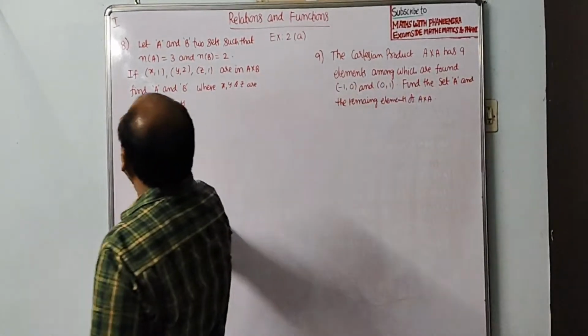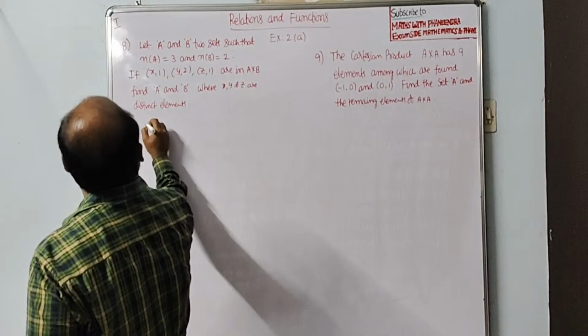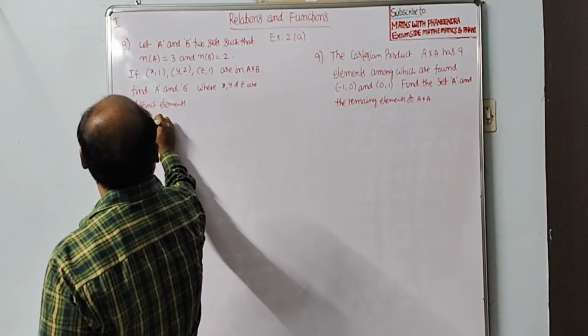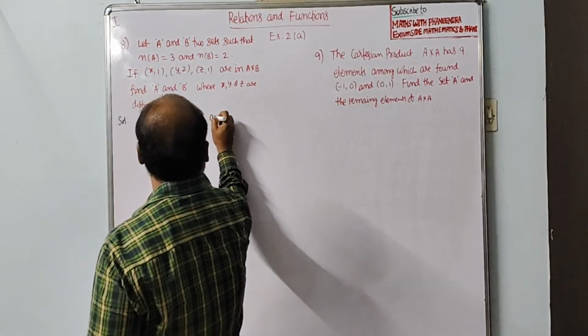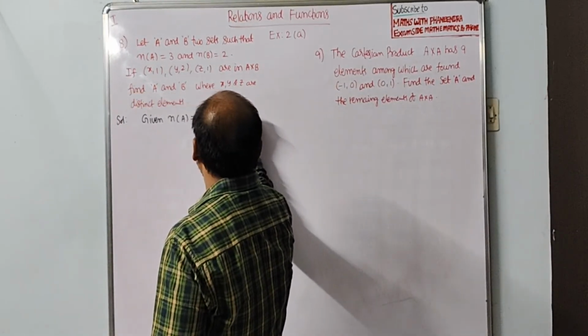So given n of A equal to 3 and n of B equal to 2.